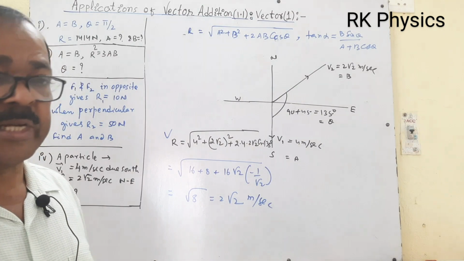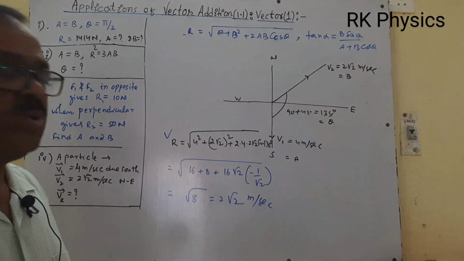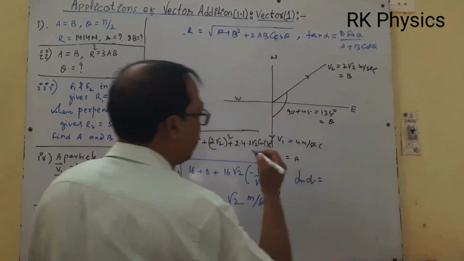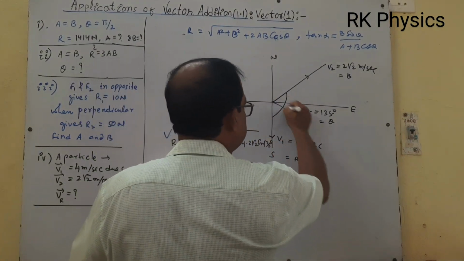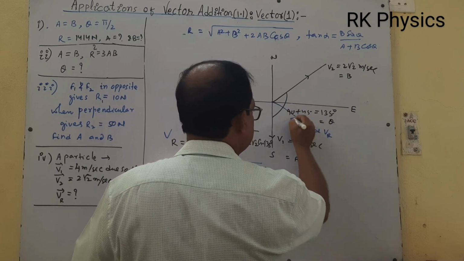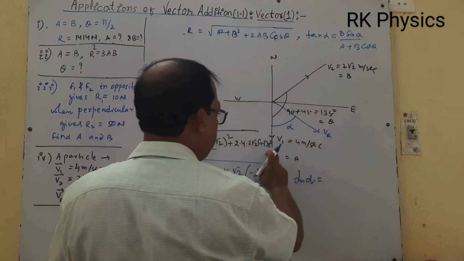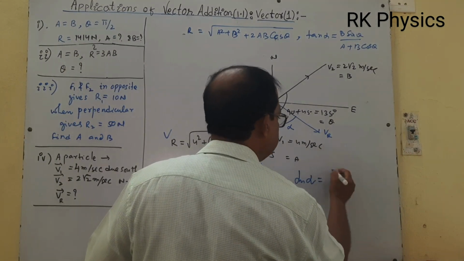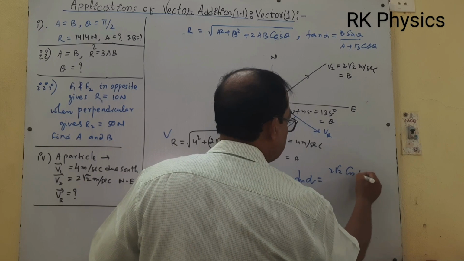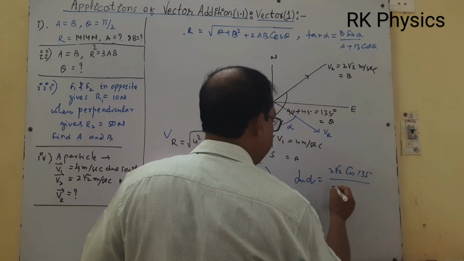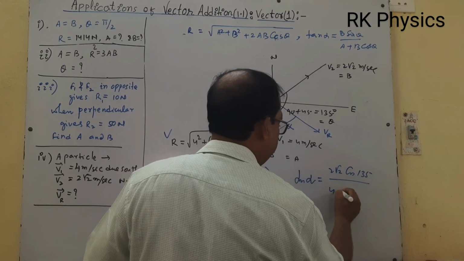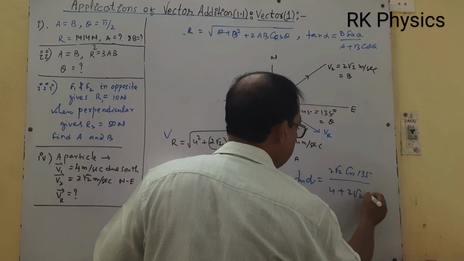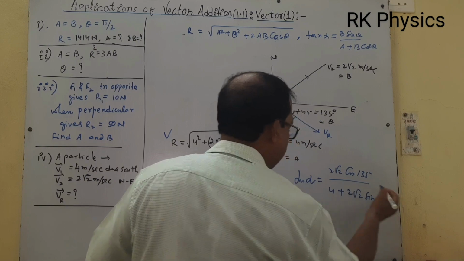But what is its direction? Now to calculate the direction, you take tan alpha. Suppose this is the resultant VR. It makes an angle alpha with the first vector. So tan alpha equals B, 2 root 2, sin theta divided by A, the first vector 4, plus B cos theta, where B sin 135 is 2 root 2 sin 135.